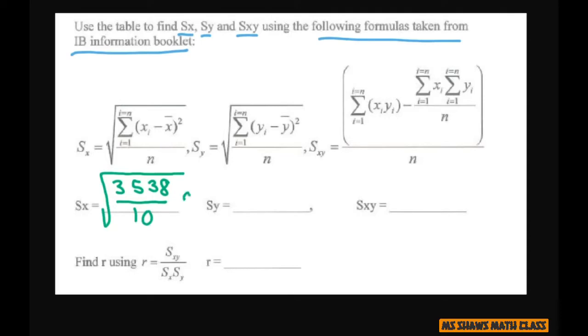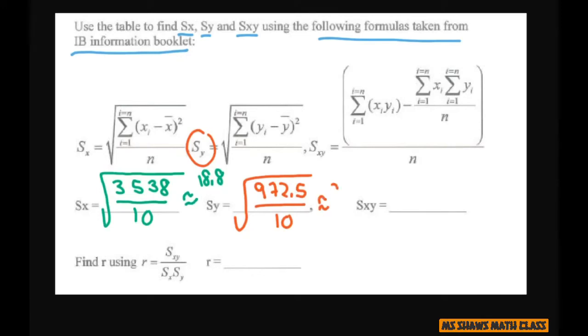And this is approximately 18.8. So for our y, we do the same thing. We're going to get 972.5 divided by 10, and that's approximately 9.86.